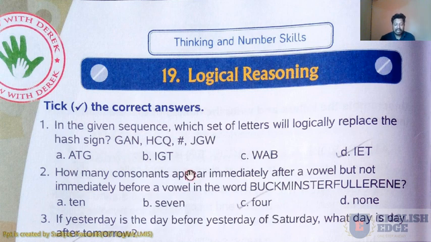So here is the answer. I have already given you the answer, but first I will tell you how to pick it. The answer is IET. How? Here is the reason.